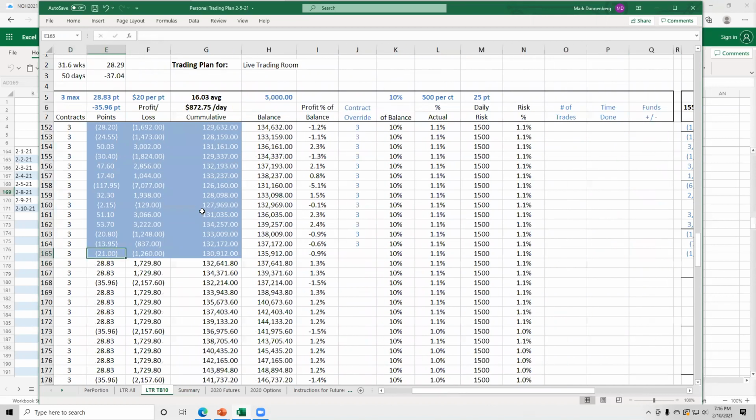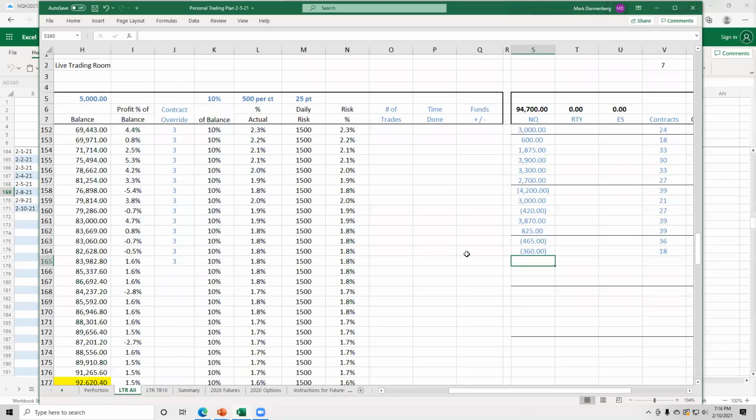Then we're going to come over here to the contract override field, and we're going to lock in 3. We traded 3 contracts today. We're locking it at 3 so that if we do any kind of future speculation or forecasting, we're not interfering with our historical numbers.